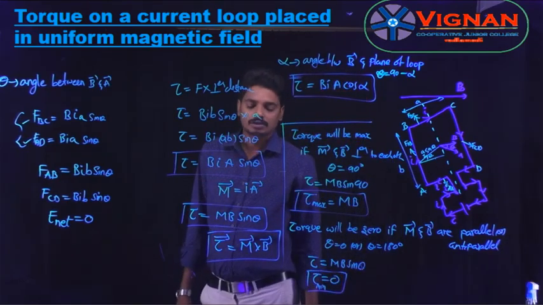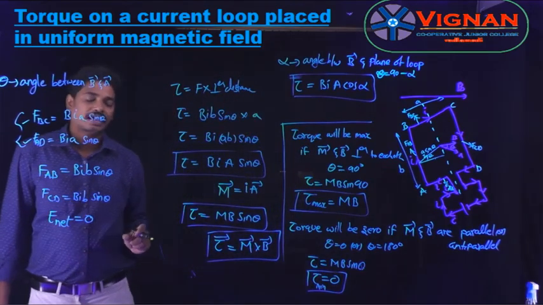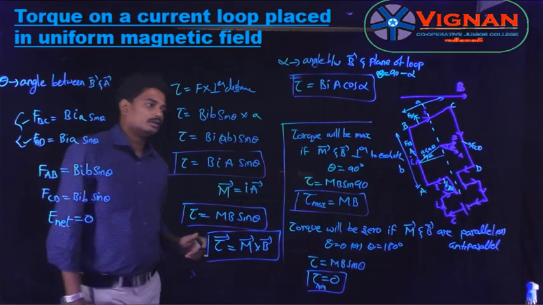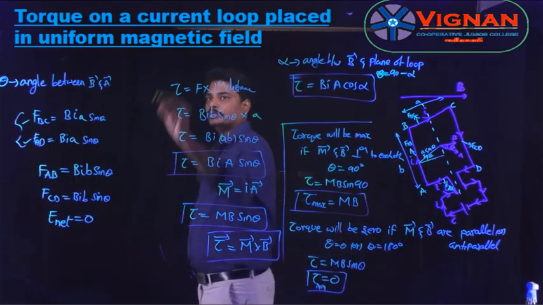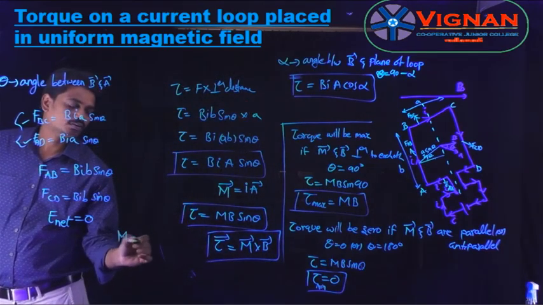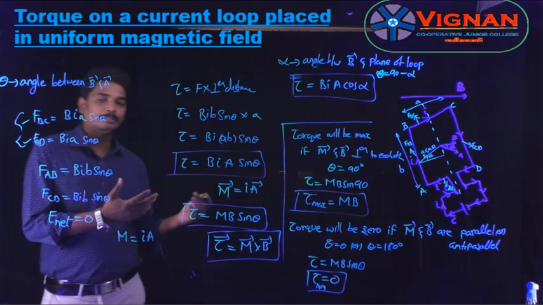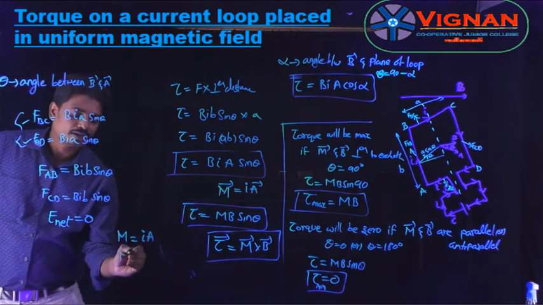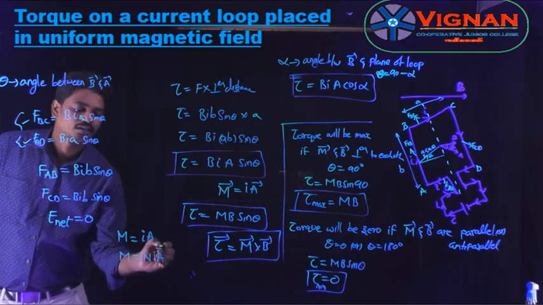Here M denotes the magnetic moment. If the rectangular coil consists of one loop, then the magnetic moment M is equal to I into A. If it has n number of turns, then the magnetic moment can be written as n into I into A bar.